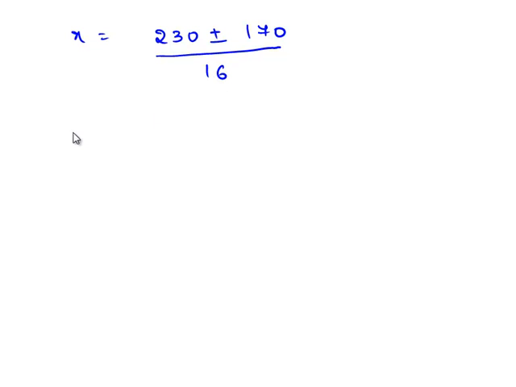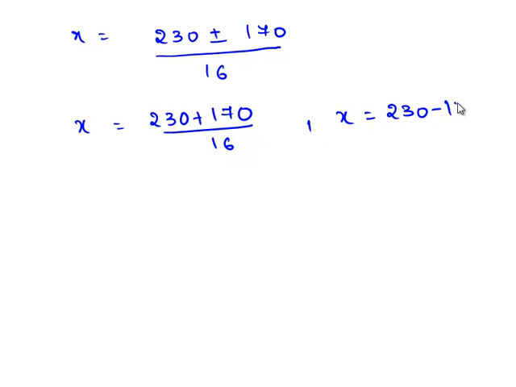So we have two values of x. So this gives x is equal to 230 plus 170 whole divided by 16, comma, x is equal to 230 minus 170 whole divided by 16.